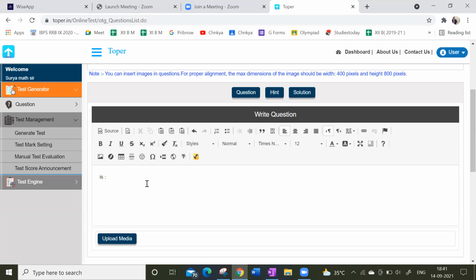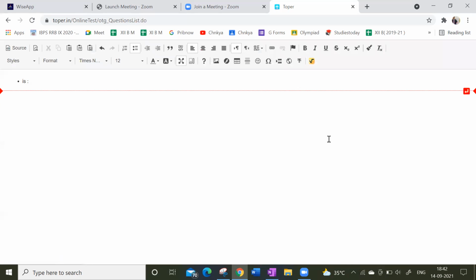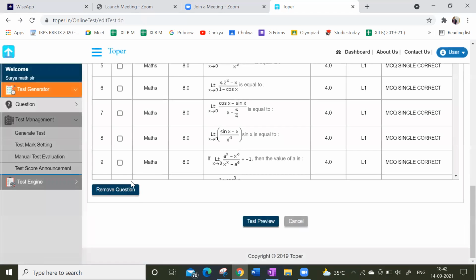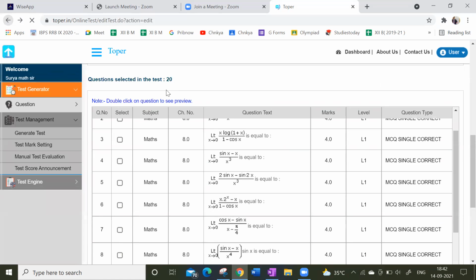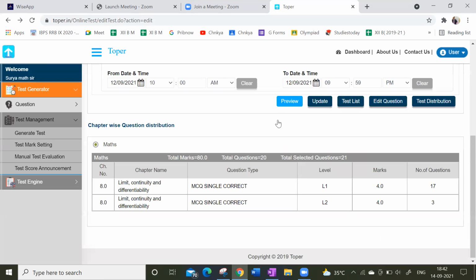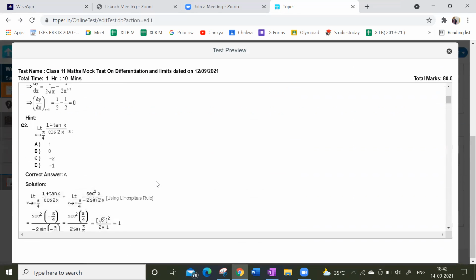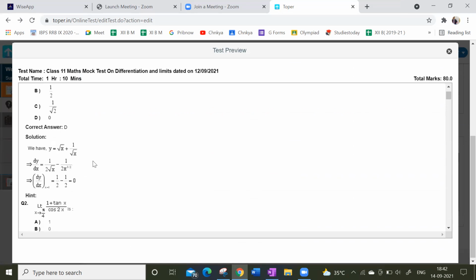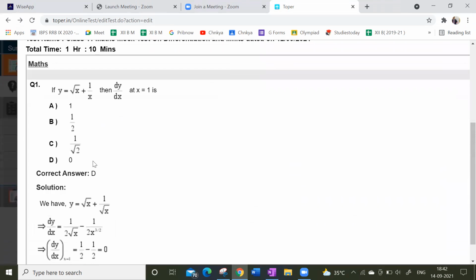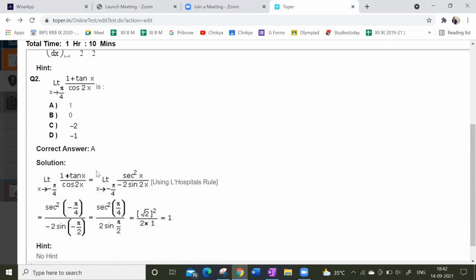I think they have just inserted the image. These all are images actually. We can't edit that. Okay, I'll check it later. No problem. So here it is 1 minus tan x, not 1 plus tan x.